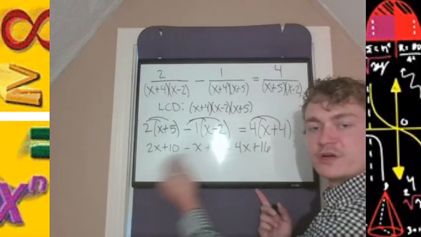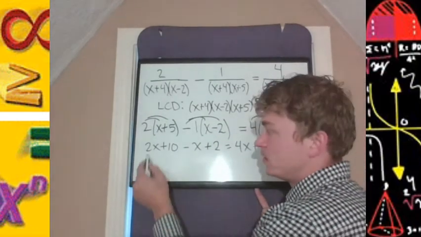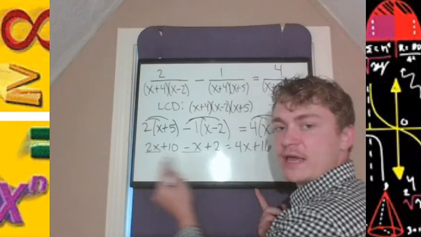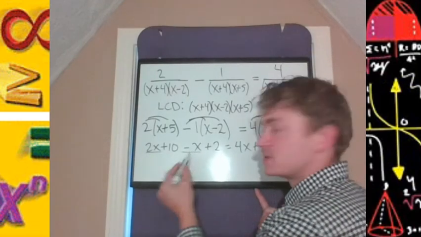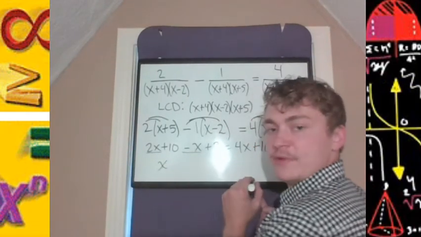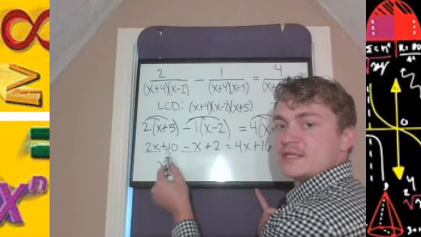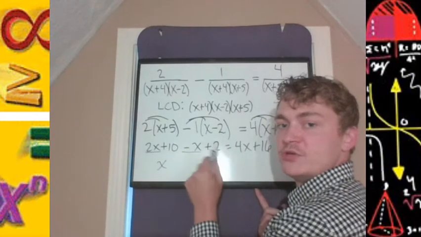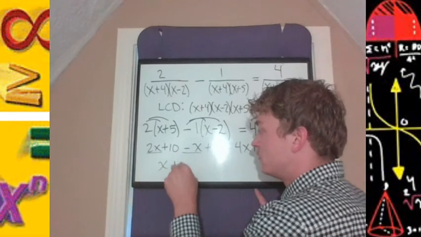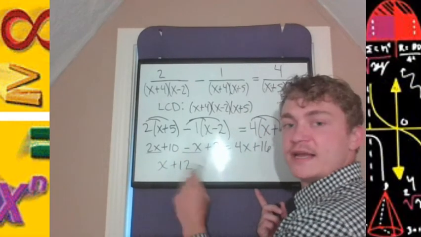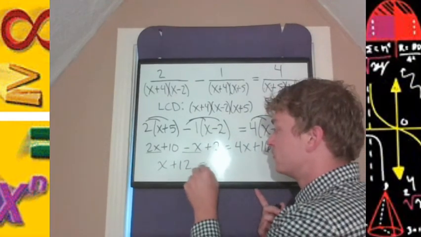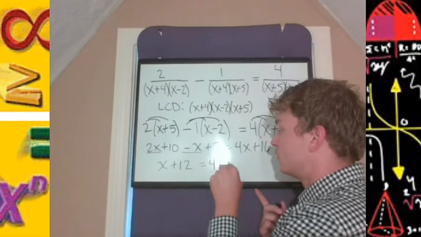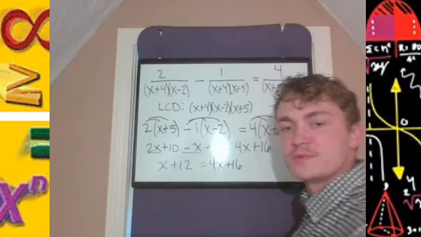Over here we have 4 terms that we can simplify down. How many x's do we have? I have 2x, but I'm going to take away an x, leaving me with 1x. Plus 10 plus 2, 10 and 2 is 12. On the left-hand side, x plus 12 equals 4x plus 16.